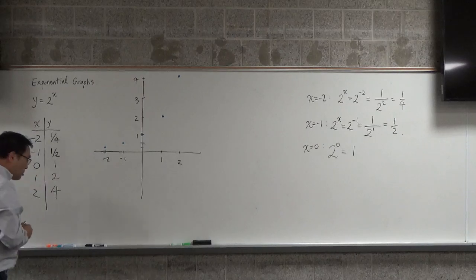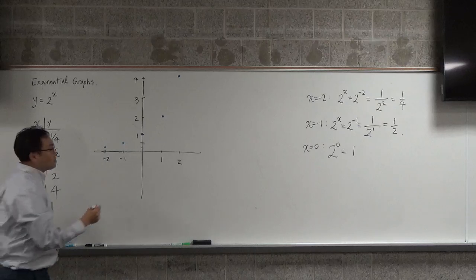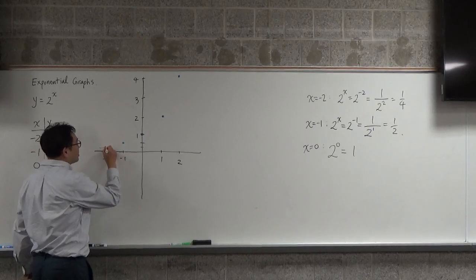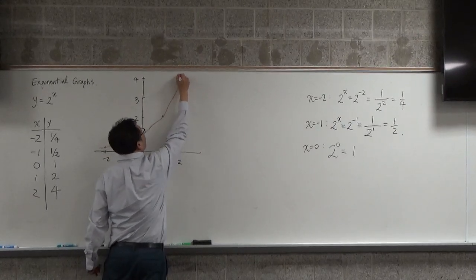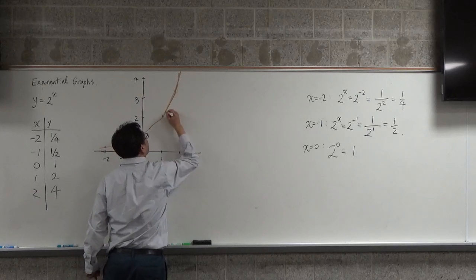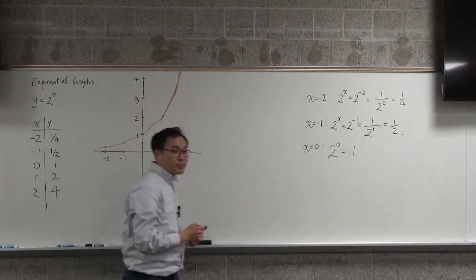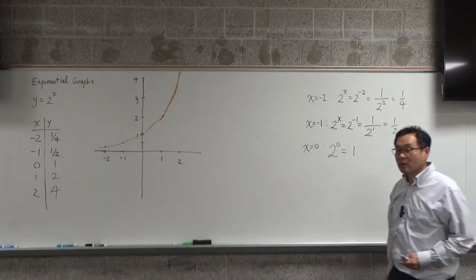Now, if you have this much information now, it's not too hard to see that the graph would look like this. Right? So that's the graph of y equals 2 to the x.